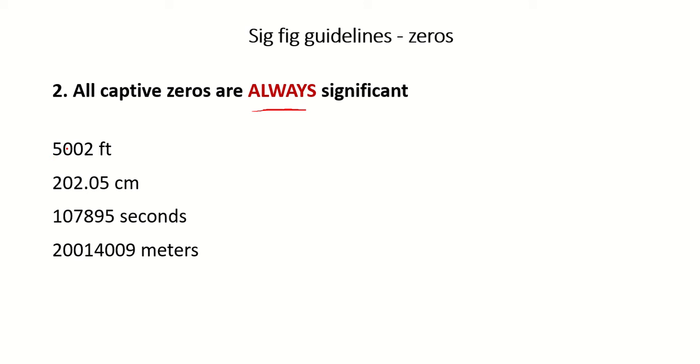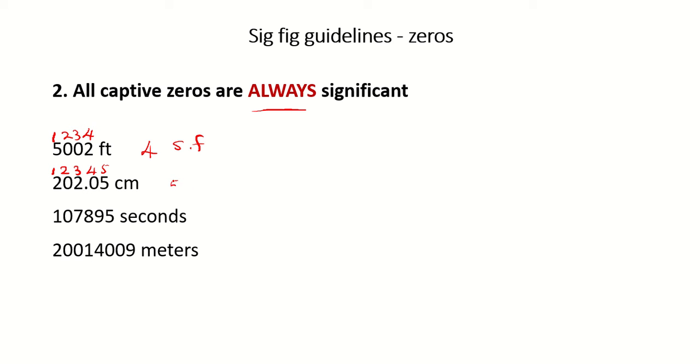The first number, you have 2 zeros, they're trapped in between two non-zero digits. So let's start counting the number of sigfigs. 1, 2, 3, 4. This number has 4 sigfigs. Second number, this zero is a captive zero, it's trapped between two non-zero digits, and so is this zero. So let's count the number. 1, 2, 3, 4, 5.